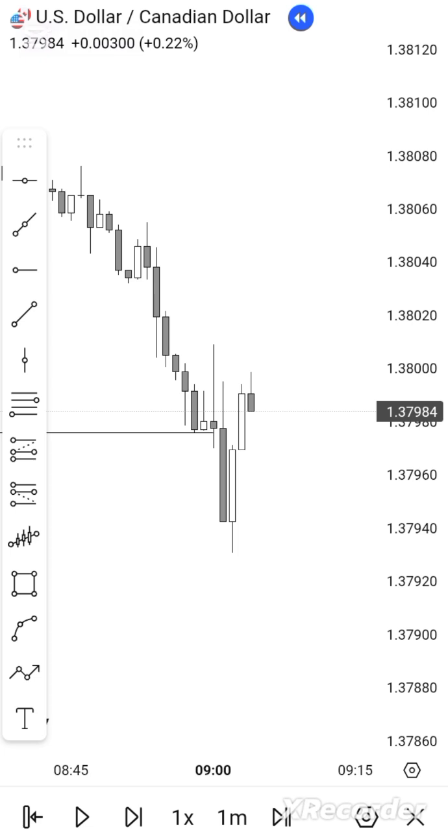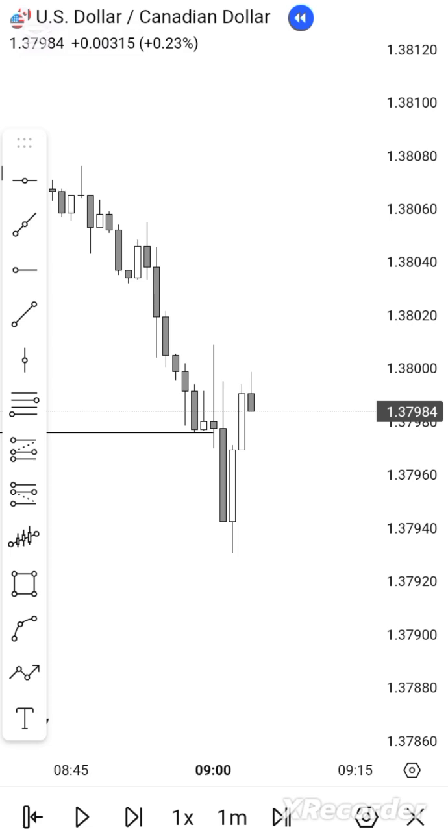Price must break structure in the supposed direction. After sweeping the low, which serves as the liquidity sweep, we wait for a break of structure in the supposed direction. If you are trying to buy, the price must break structure to the upside, while if you are trying to sell, the price must break structure to the downside.